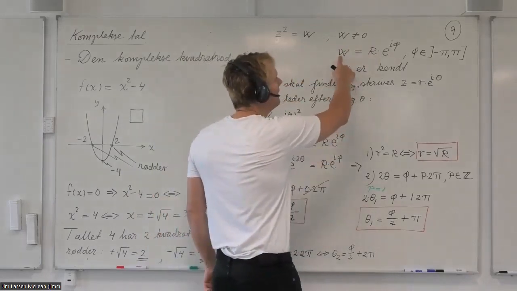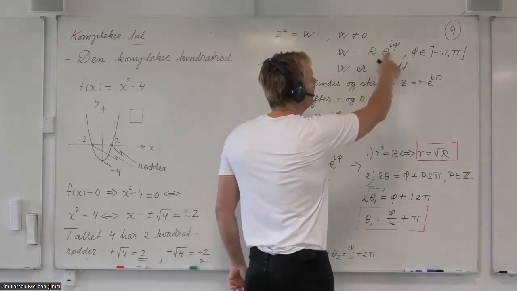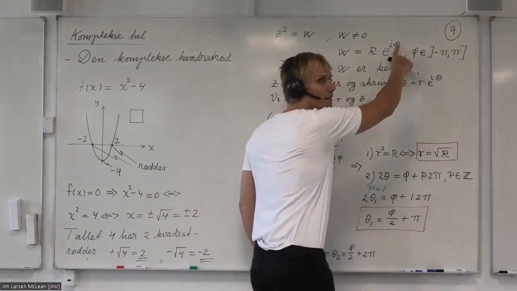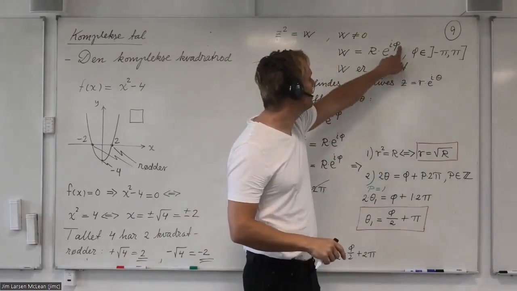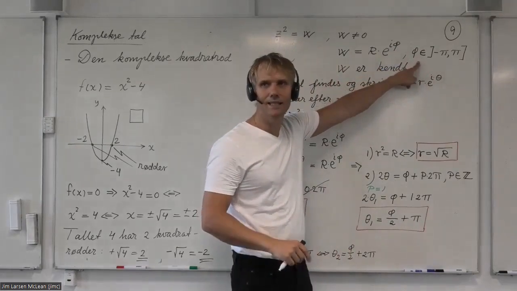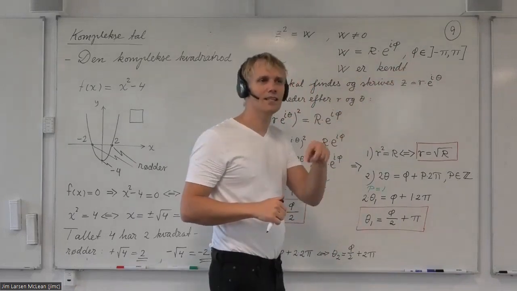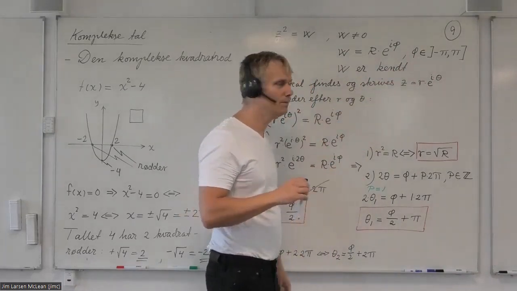I'm also assuming that the known number I have is written in Euler's form, with a known modulus and a known argument. And the last assumption I make is that the argument is a principal argument, which is what I've written down here. The reason I assume that is because I can make some general comments about those square roots.